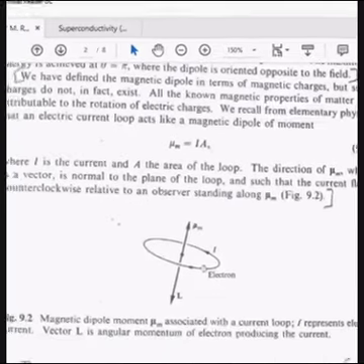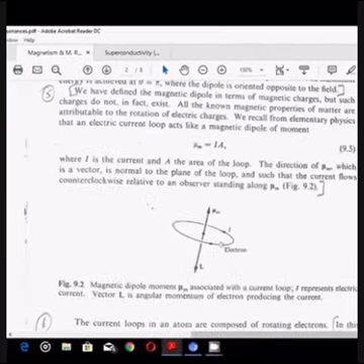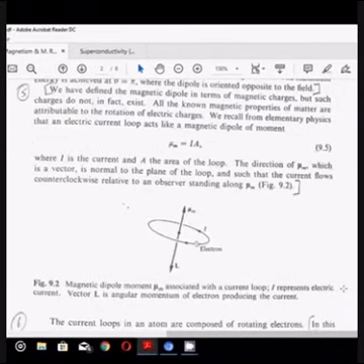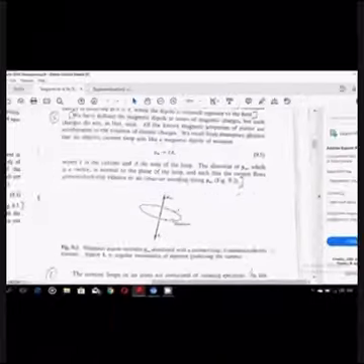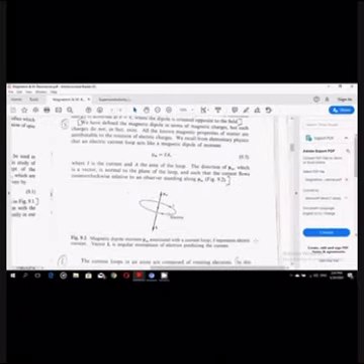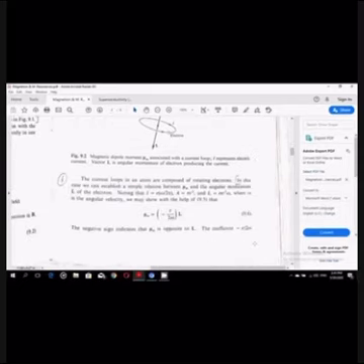Figure 9.2 shows the magnetic dipole moment associated with the current loop. I represents electric current and vector L is the angular momentum of the electron producing the current. The current loops in an atom are composed of rotating electrons.